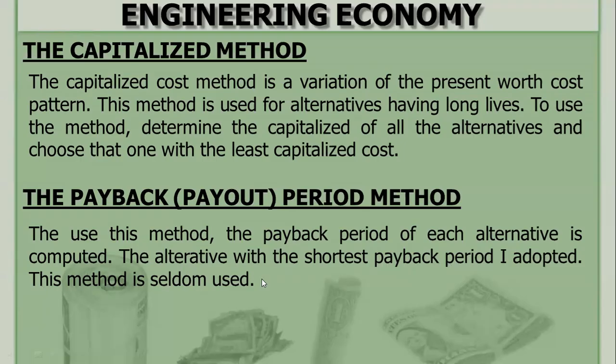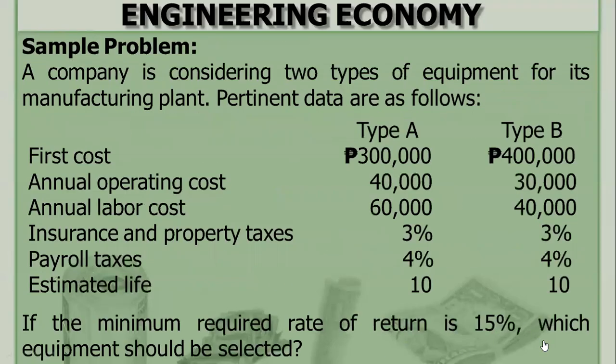But this method is seldom used. Let us solve a sample problem to demonstrate the different methods. And again, same with the basic methods, your conclusion should be consistent considering all the methods.